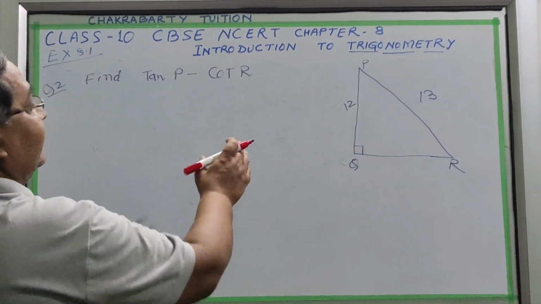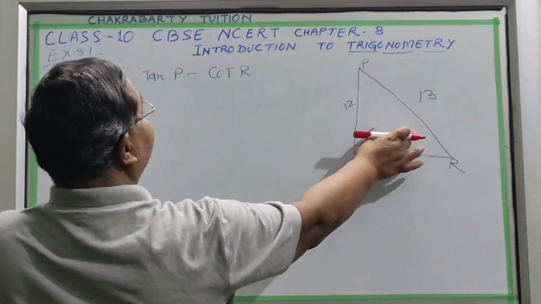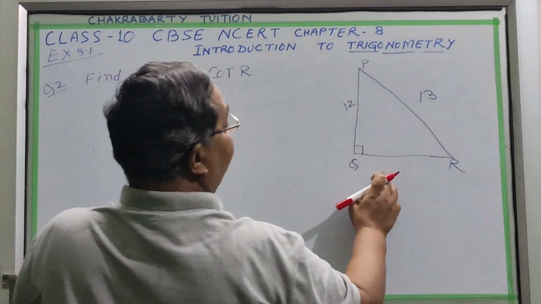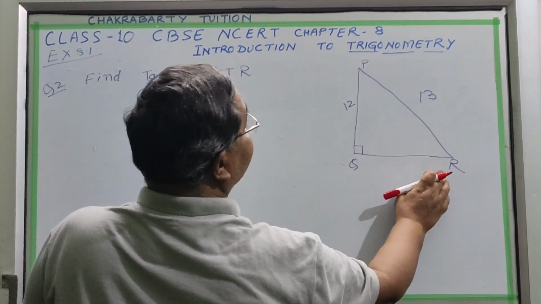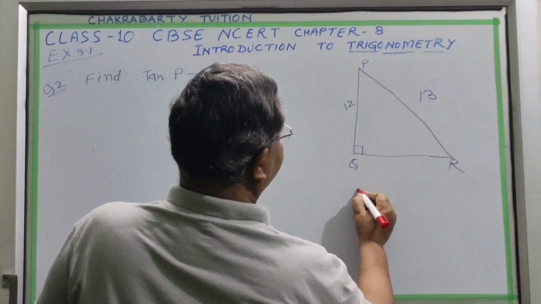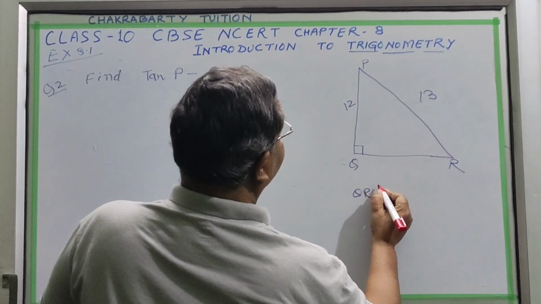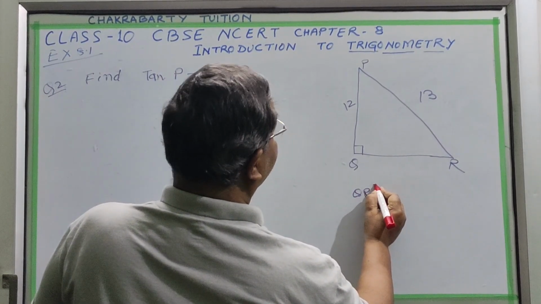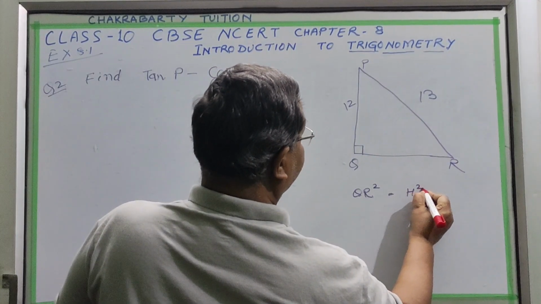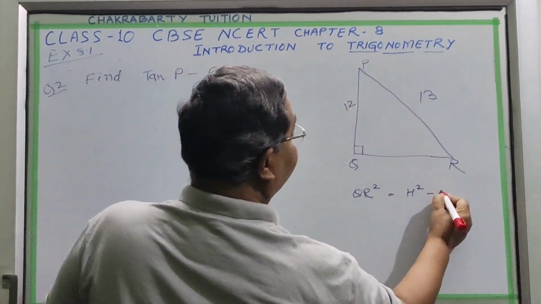So this is the question given. This diagram is given and you have to find tan P minus cot R. So again we have to first find out this line. Suppose this is your base, QR. QR square is equal to hypotenuse square minus perpendicular square.